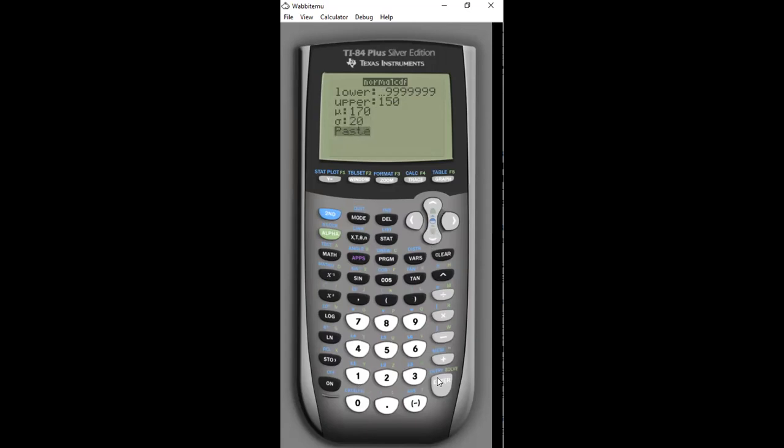Now let's take a look at the probability of less than 150. It will be 0.15865.